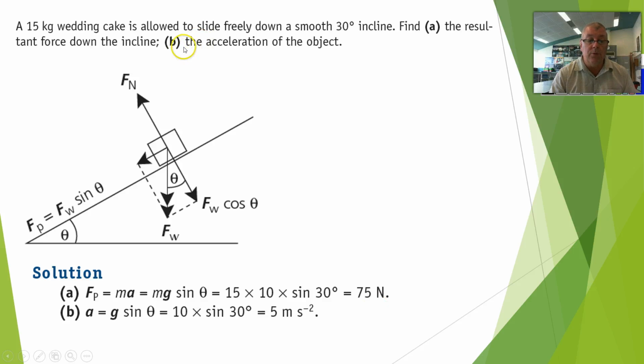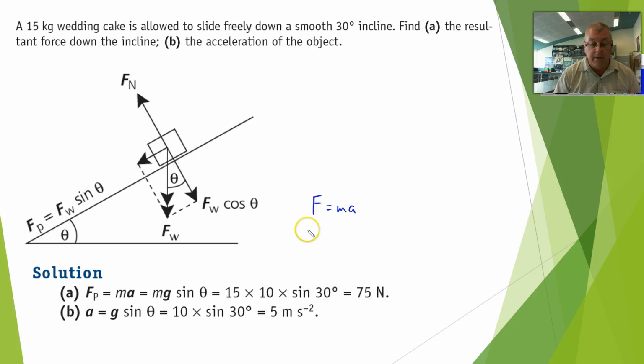Then they wanted to know what the acceleration of the object is. Now they used their equation that we had before, a equals g sine theta, and they got 5 meters per second squared. But what you could have also done was say that F equals ma.